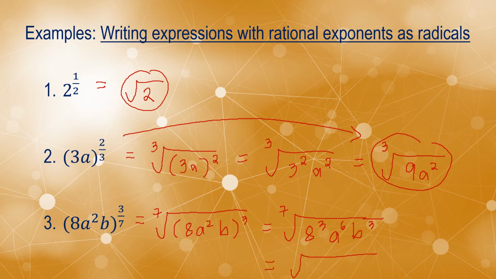Evaluating 8 raised to the third power, the value is 512. So we have the 7th root of 512, a raised to the 6th power, b raised to the third power. This is now the radical form of the given expression 8a squared b quantity raised to 3/7. So that is how we write expressions from exponential form to radical form.